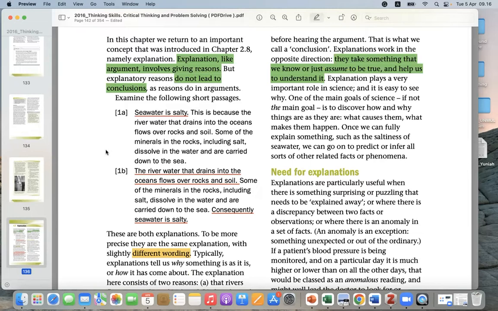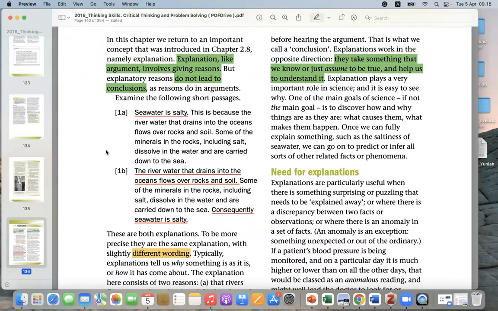So the river water draining into the oceans flows over rocks and soils, and I think this is the cause of the saltiness, okay? Then some of the minerals in the rocks, including salt, dissolve in the water and are carried down to the sea. This is a kind of reasoning.